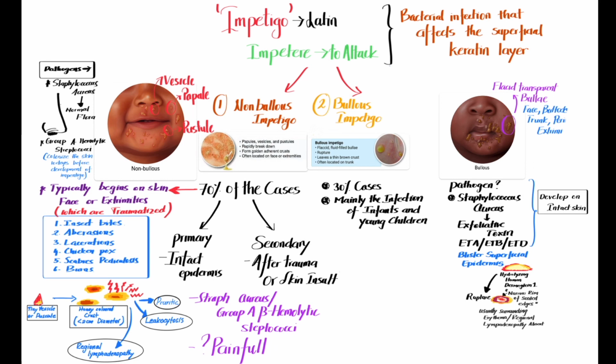In this picture, you can see the child is having, as mentioned, flaccid fluid-filled blisters around the area, but most commonly this will be on the trunk and extremity areas rather than around the mouth and nose, which is typical for non-bullous impetigo. Surrounding erythema and regional lymphadenopathy will usually be absent in bullous impetigo.